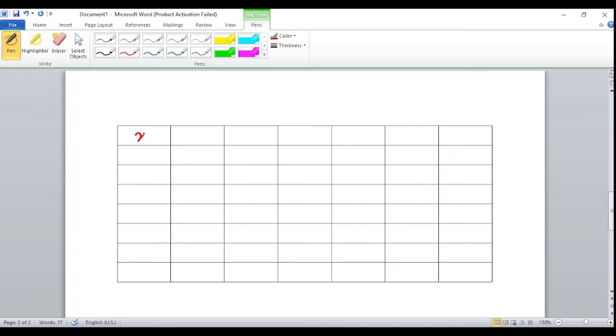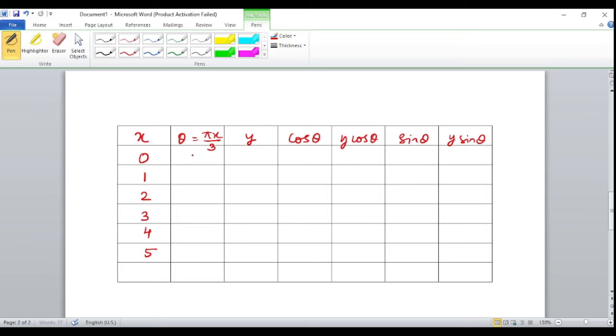This is the x value, this is theta, which is pi x by 3, this is the y value, and next we need y cos theta and y sin theta. So x takes the values 0, 1, 2, 3, 4, 5.